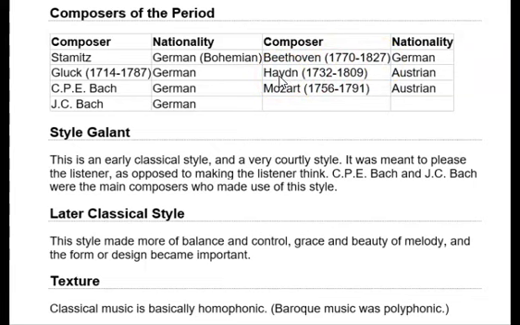Haydn, Papa Haydn, Mozart. So try and listen to some of the music that you can hear the characteristics of the things that we're going to discuss during the next few lessons.